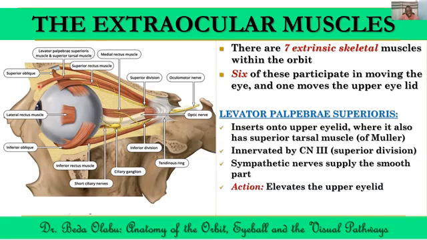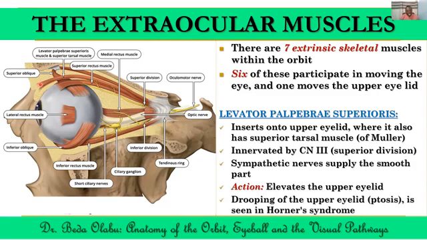The main action of this muscle is to elevate the upper eyelid, as the name suggests. Now, sometimes it may fail to do that because of perhaps disruption of the sympathetic innervation going to the head in a condition known as Horner syndrome. So in this condition, there is disruption of the sympathetic supply to the head region. As a result, the structures in the head region that rely on sympathetic innervation are affected.